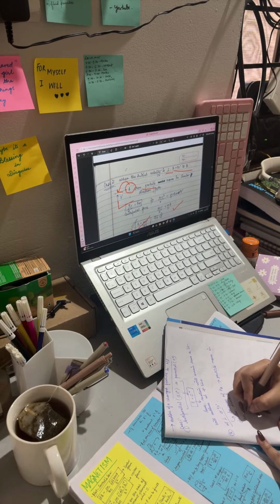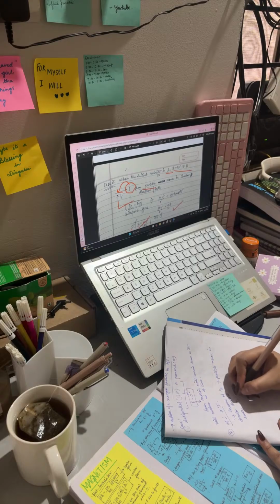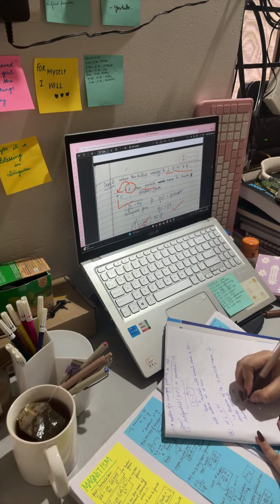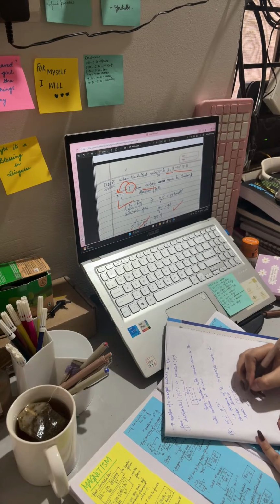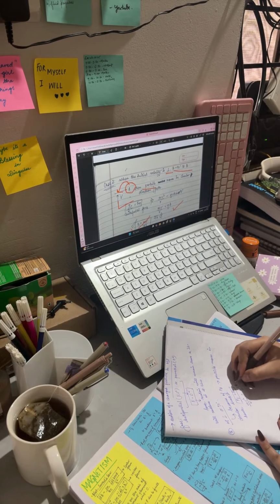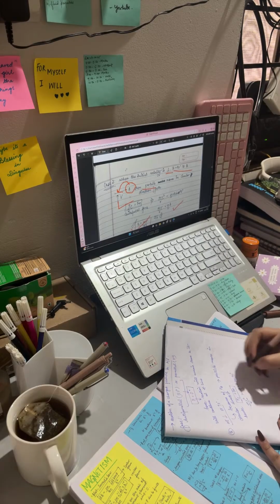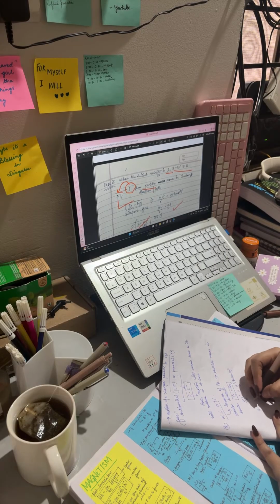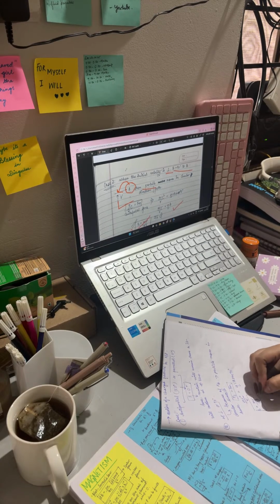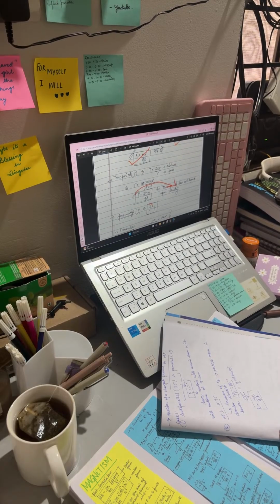Hence, some centripetal force will be applied on it, which will be balancing the magnetic force. Because of that, we get mv square upon r is equal to qvB sine 90. From here, r we get as mv upon qB.